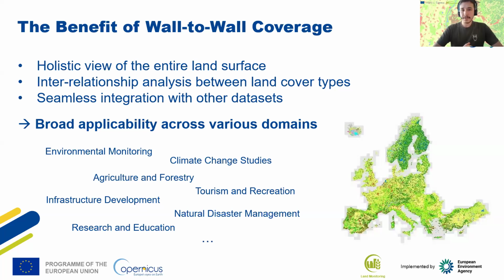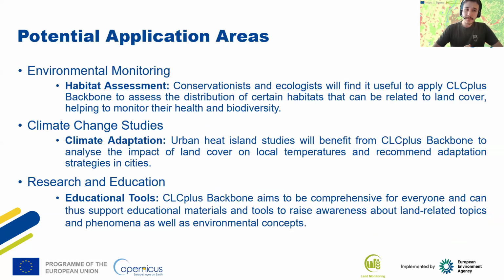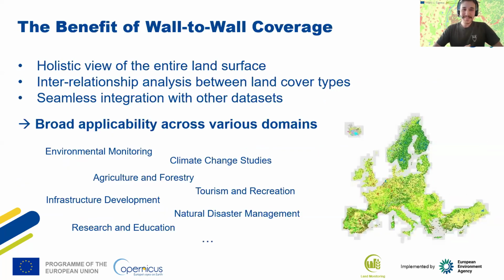This gives a very consistent overview of how the land cover is used. Next, we have the interrelationship analysis of the different land cover types. This, for example, you can use Backbone to distinguish between environmental monitoring, for example, urban planning, agriculture and forestry.